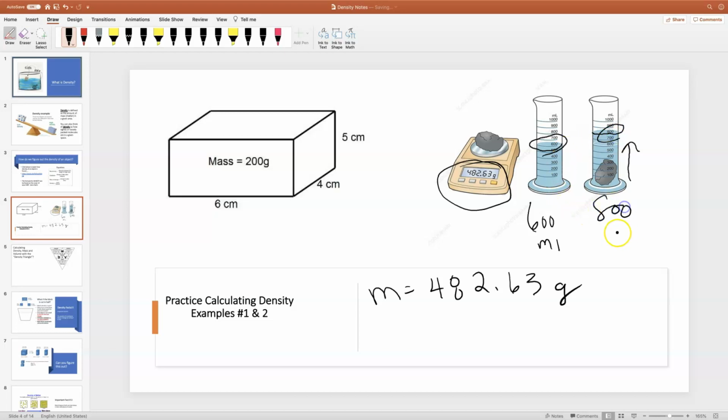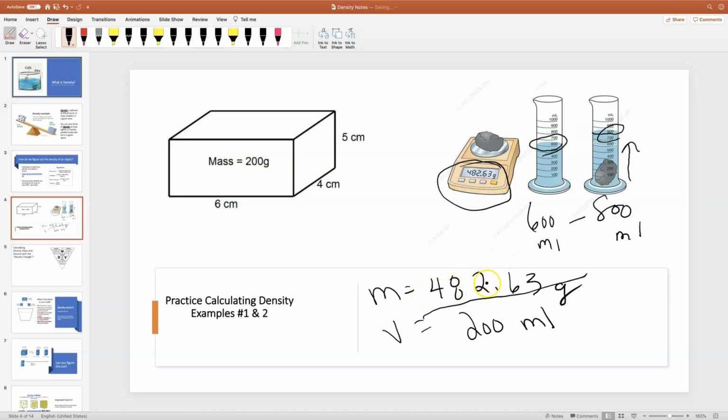So we went from 600 milliliters to 800 milliliters. That is a difference of 200, which tells me that that rock took up space, a volume, if you will, of 200 milliliters. Once you get these two numbers, it's the same thing, you just divide.